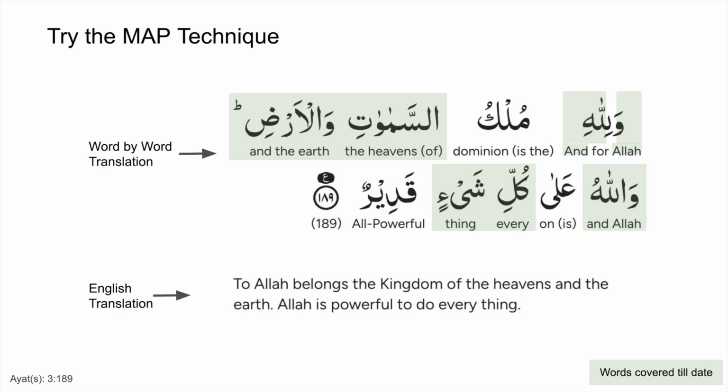Use the word-by-word translation as a guide to see how Arabic words connect to that meaning. Do not worry if you do not recognize every word. Focus only on what feels familiar. Notice what feels different this time. Several words already feel familiar, particularly those highlighted in green.